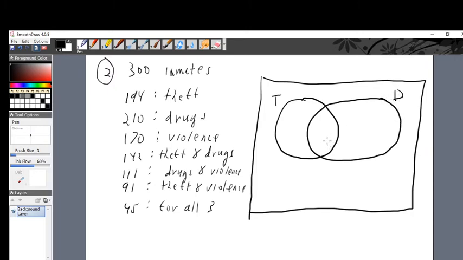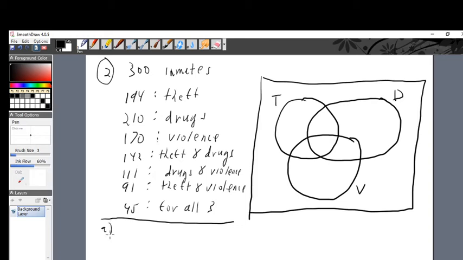And then V for violence. Okay. All right, so now here's the questions. I can put the questions here on the bottom, right? This is the info. All of this is the info. And the questions are, A, how many have been arrested for only drugs?